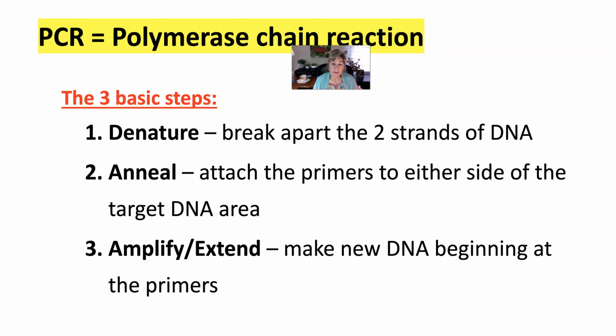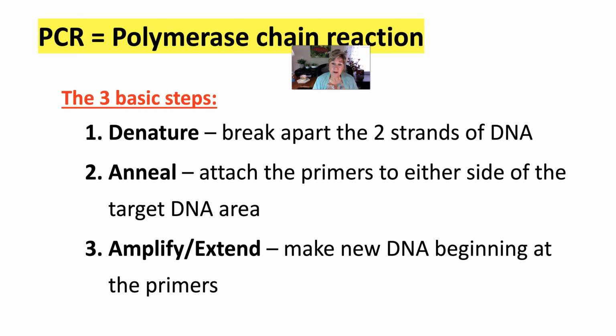Well, how do you determine the little sections? You figure out what that sequence is that you want to look at, and you find primers. A primer is a little piece of RNA that you stick on either end of that section to get the whole process started.